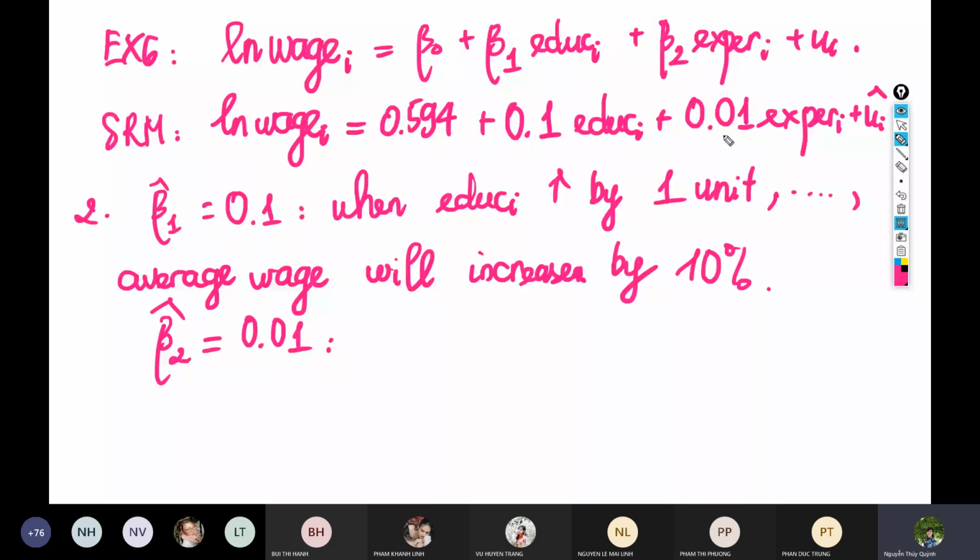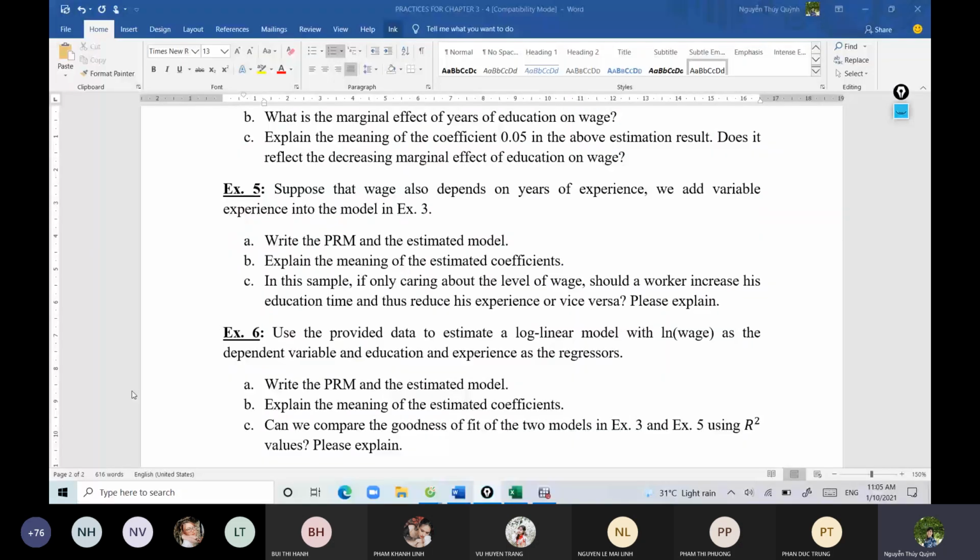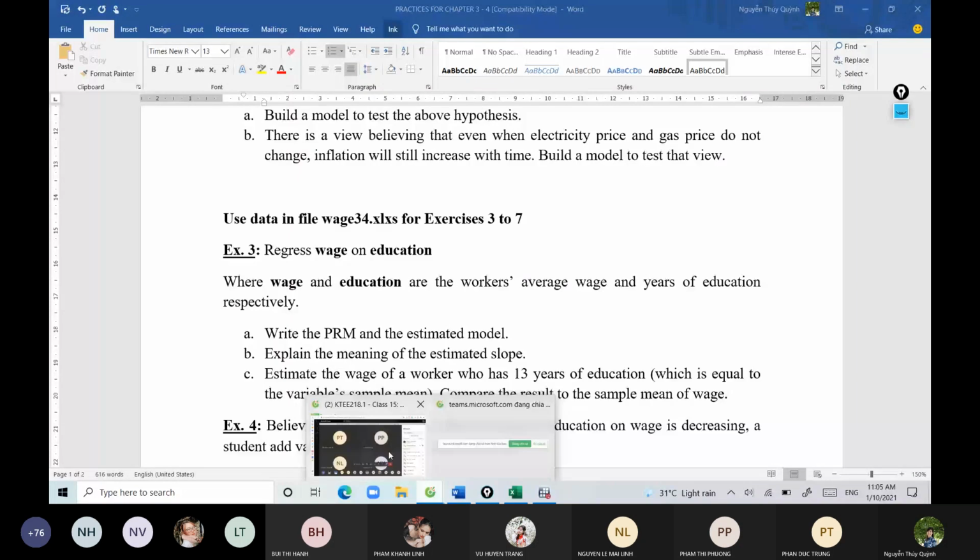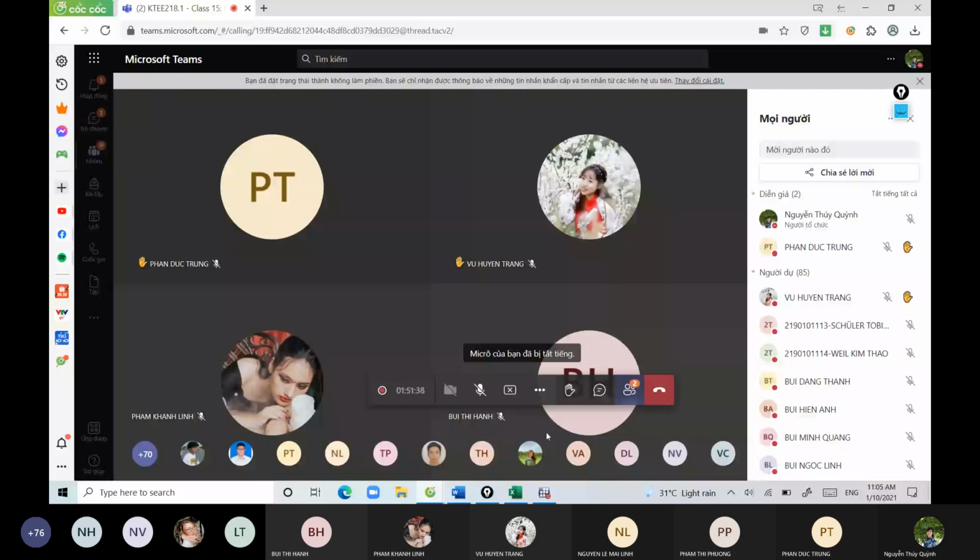Now, can we compare the goodness of fit of the two models in exercise 3 and exercise 6?